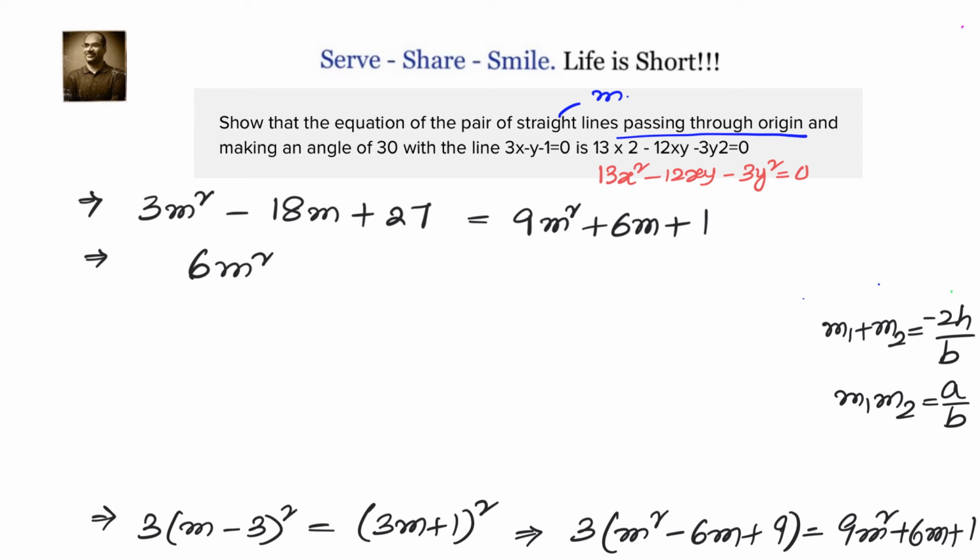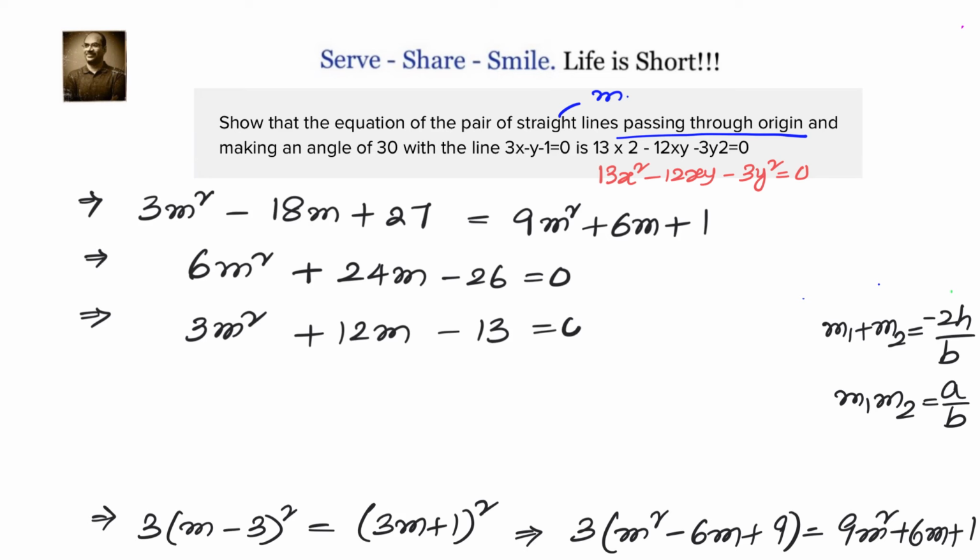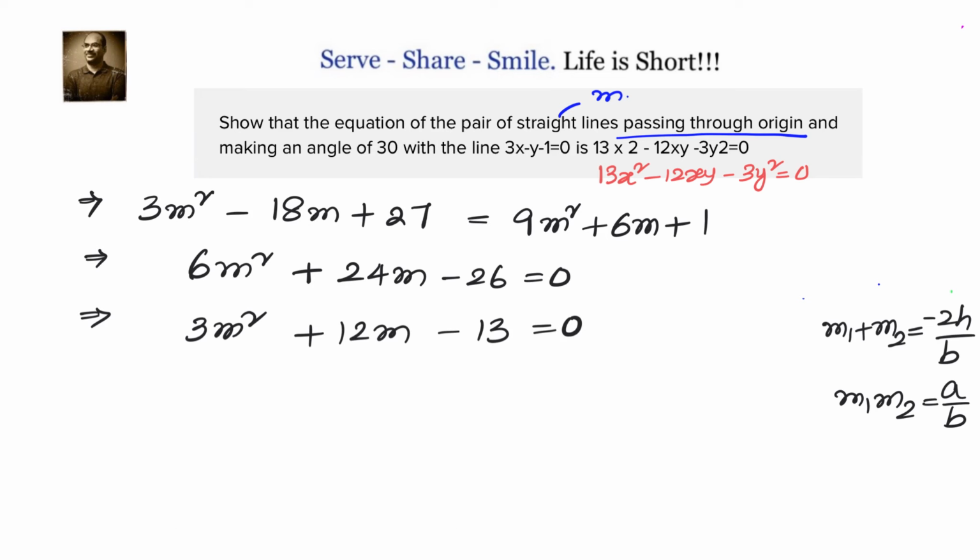Simplifying that, we get 6m square plus 24m minus 26 equals 0. We can divide that by 2, so it becomes 3m square plus 12m minus 13 equals 0. This is a quadratic equation in m, and the roots of this will be m1 and m2, because we have to get two slopes, two lines, a pair of straight lines.